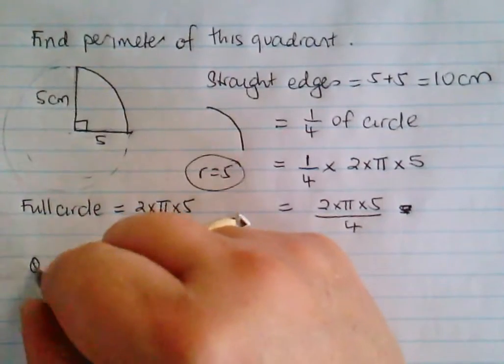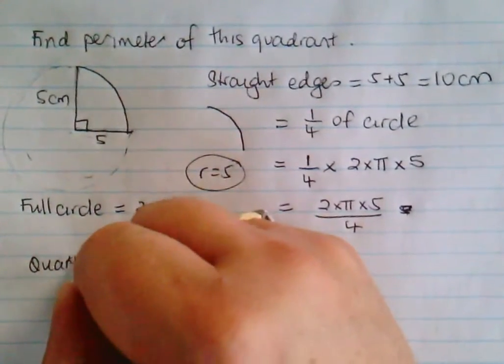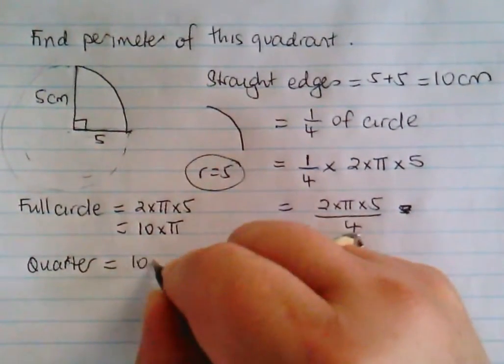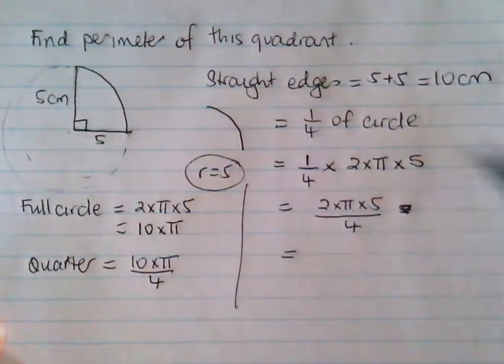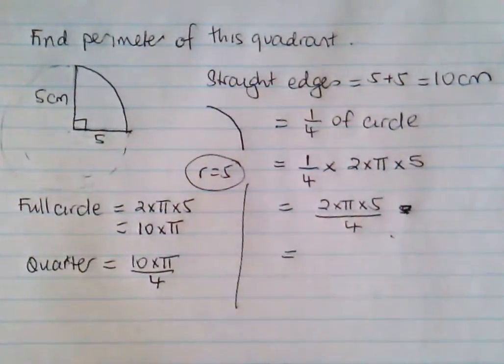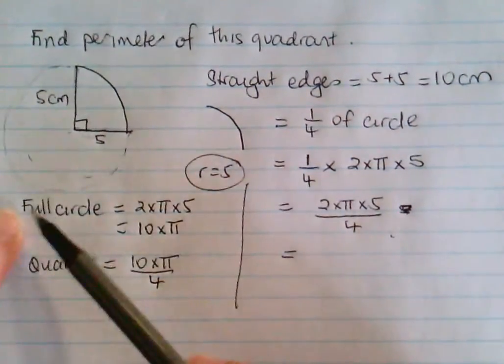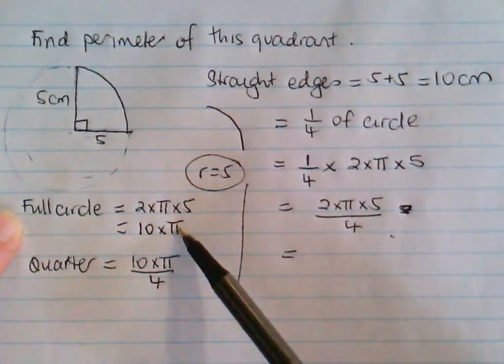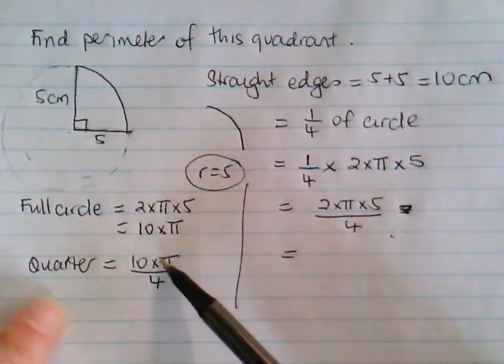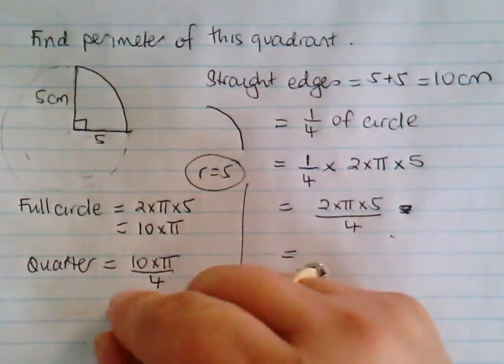And then you go the quarter of the circle is 10 times pi divided by 4. You okay with that? So I'm happy for you. If you want, do it all in one step. But if you don't like doing it in a step, go full circle is 2 times pi times 5, which is 10 times pi. Quarter of the circle is that divided by 4. Anyone got an answer?